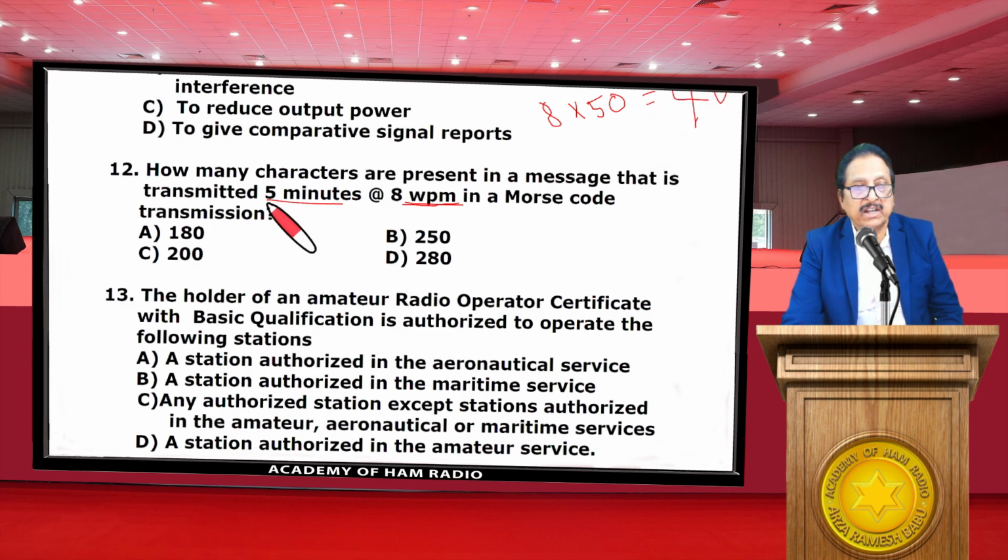So 40 characters per minute, for 5 minutes. That means 40 into 5 is equal to 200. The correct option is 200.